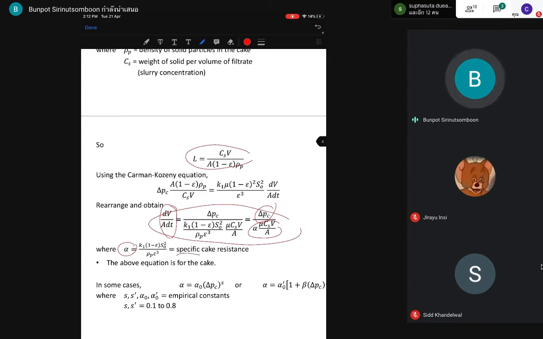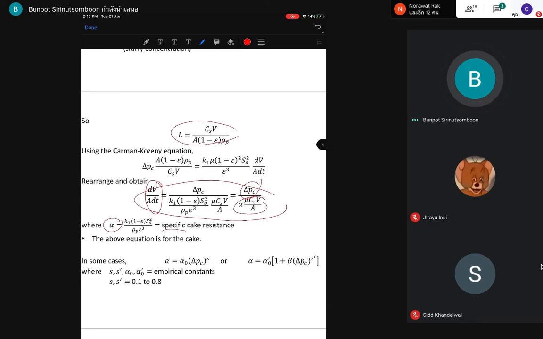It doesn't depend on the size of the cake, but it depends on the type of material, the molecular and microscopic structure of the cake itself. So just be aware of that.